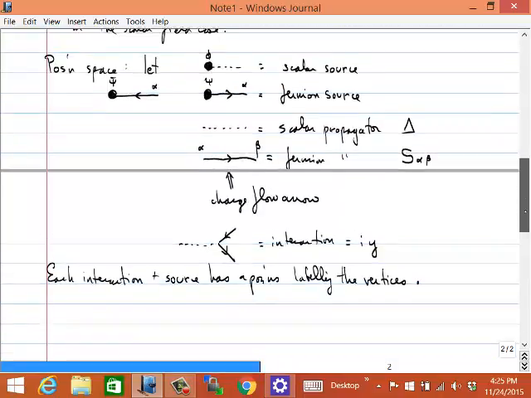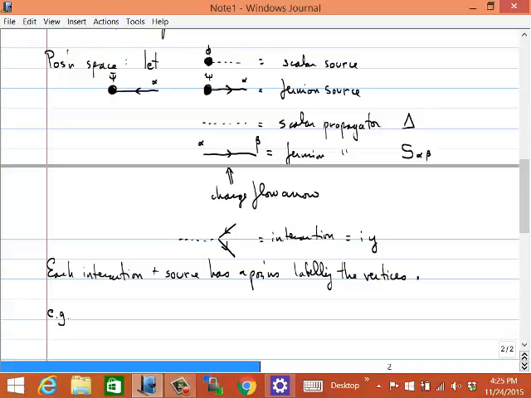So, for example, let's imagine some of the terms that would contribute to the full generating function. So if we were, for example, interested in computing a correlation function between phi, psi, and psi bar, so this would describe, say, the amplitude for some phi particle to decay into a psi and a psi bar, then you would have a term like this in your Feynman diagram, where you have one scalar source and two fermion sources.